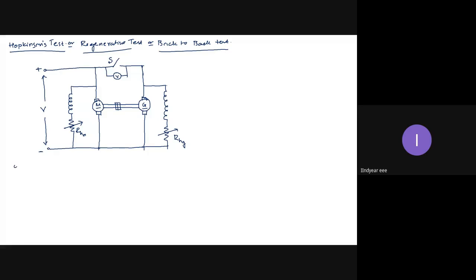One machine acts as motor. Okay. This is done by weakening the field.